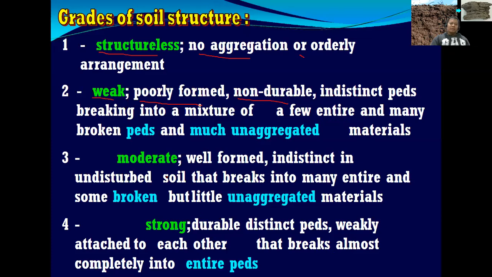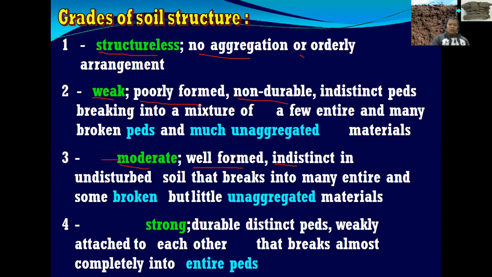So another, we have the moderate durability, moderate soil structure. The moderate soil structures are well formed, they have structure. Then indistinct in undisturbed soils that breaks into many entire and some broken but little unaggregated materials.